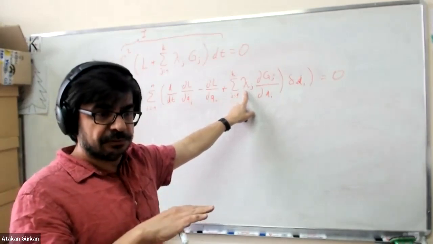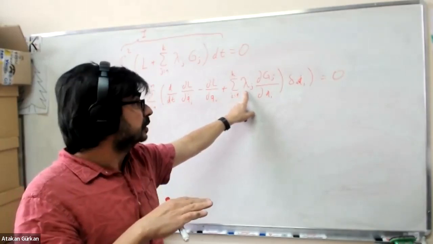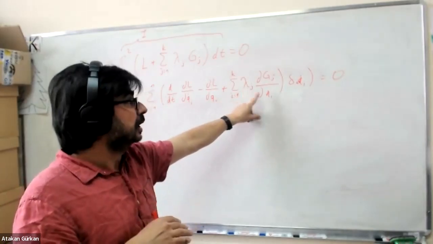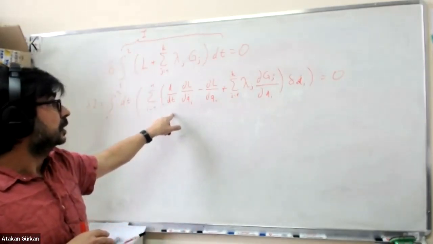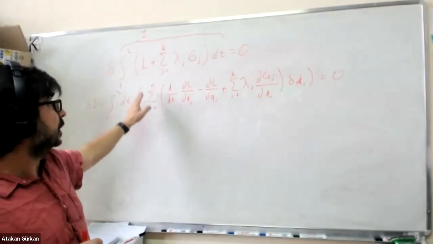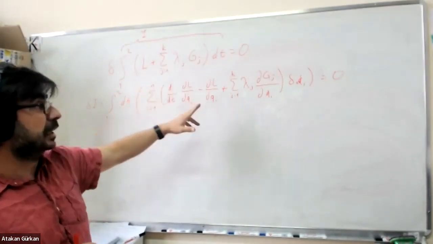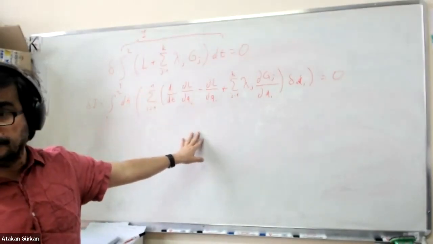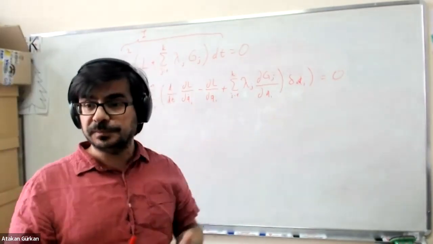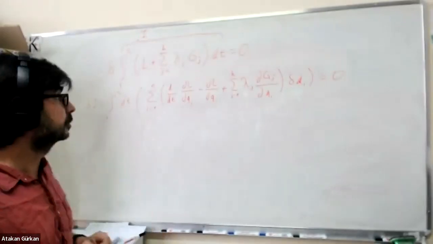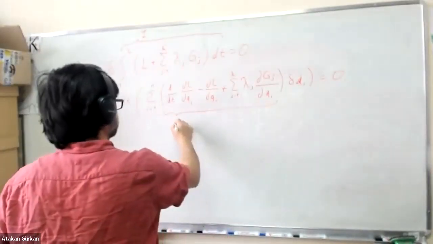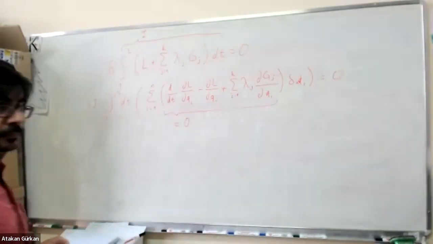But I choose these in such a way that the ones I left out, the not independent ones, I'm not going to call them dependent, have their coefficients 0. Then this sum reduces to not from 1 to n, but from 1 to n minus k terms. And all the coefficients there have to be 0 because these are now independent. So this one must be 0 for all of them.